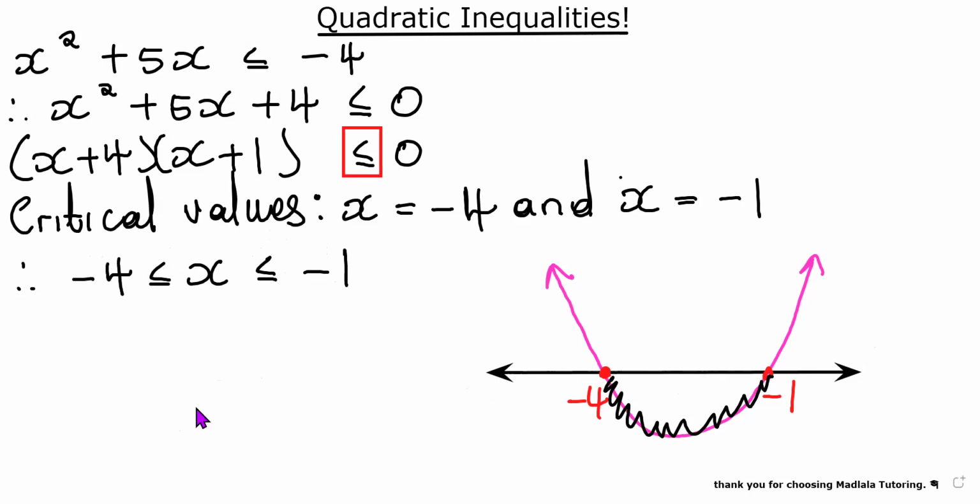And of course, we are including -4 and -1 because at exactly -4 as well as -1, the y values are equal to 0 because those are the x-intercepts of the function. So a mark for writing this in standard form, for factorizing, for stating the critical values, as well as for writing the solution.